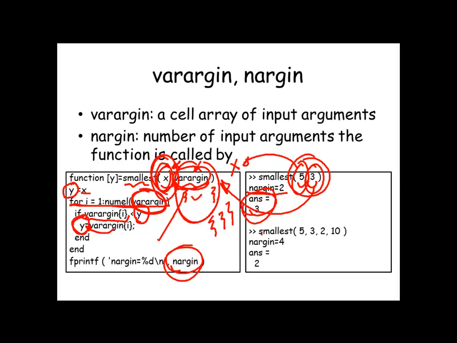In the next function call, we have provided 5, which will be copied into x again, and the rest of the input arguments, 3, 2, and 10, will be copied into the cell array varargin. The function will find the smallest of them, which will be 2, and nargin, which is the number of input arguments provided to this function, will have a value 4, which will be printed at the end of our function.